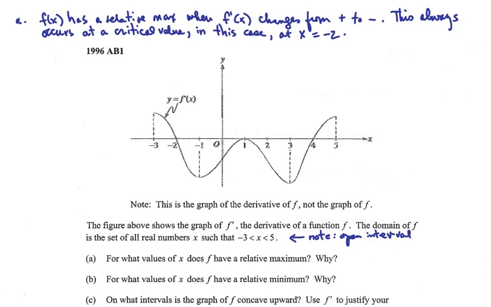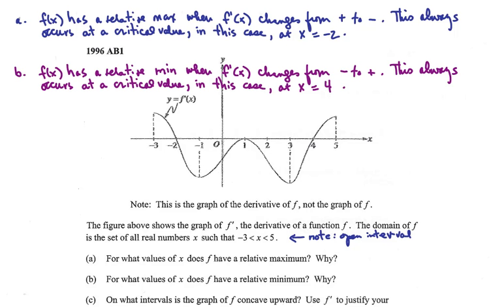Second question: for what values of x does f have a relative minimum and why? I answer, f of x has a relative minimum when f prime of x changes from negative to positive. This always occurs at a critical value, in this case at x equals 4. So it's almost the same exact answer, only we're working with a relative minimum, and that will occur when the first derivative changes from negative to positive.